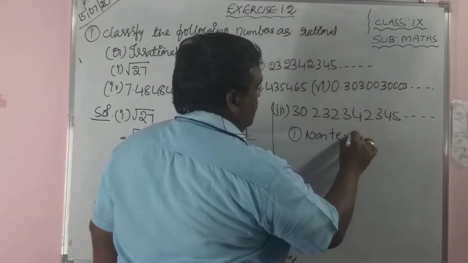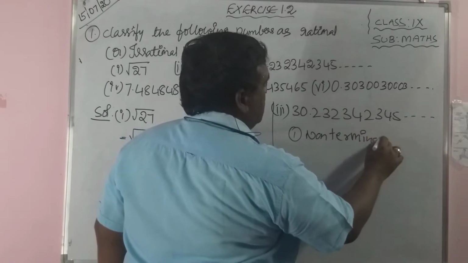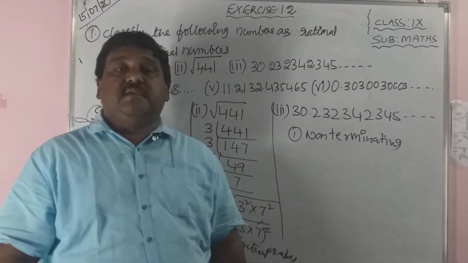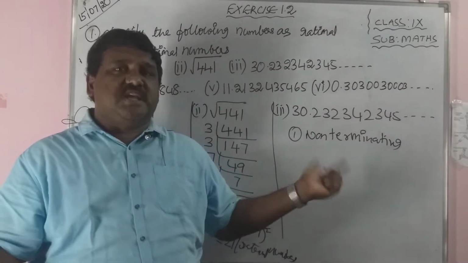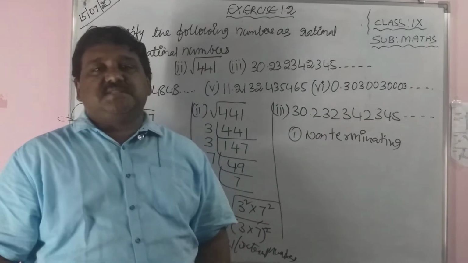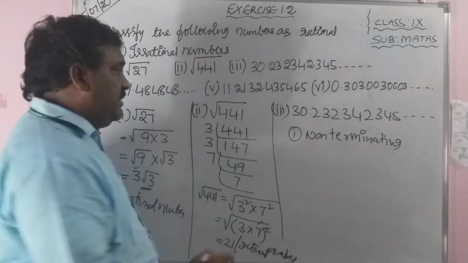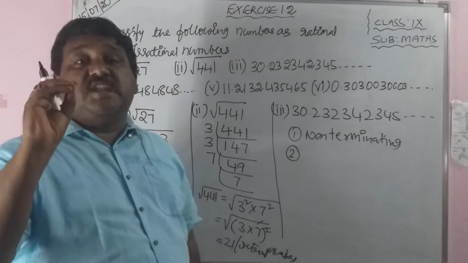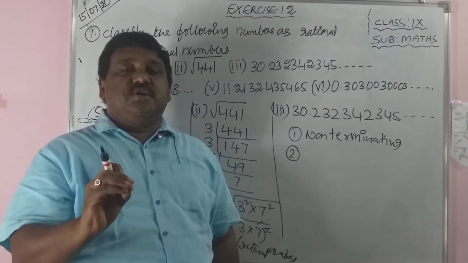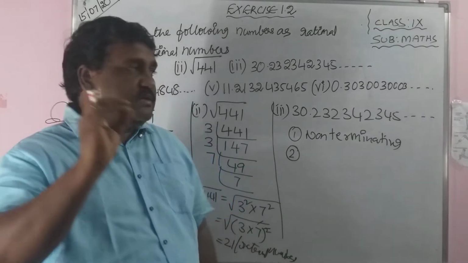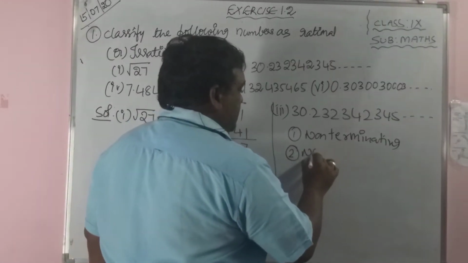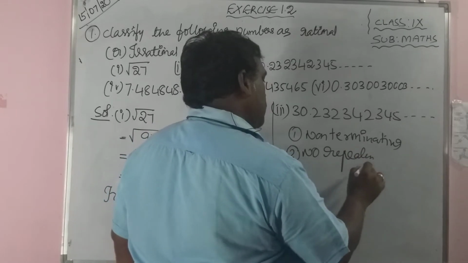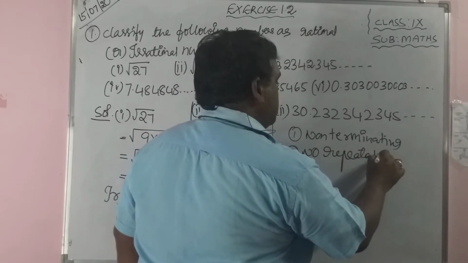First property, it is non-terminating because there is no ending. You know the reason: so on means it is non-terminating. Second, there is no continuous repetition, so no repetition.